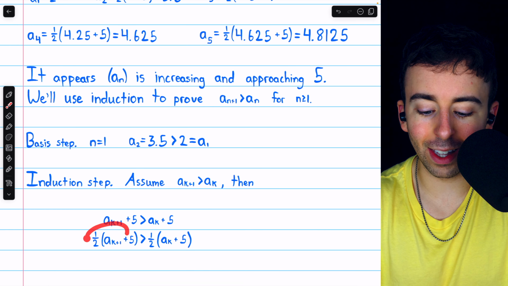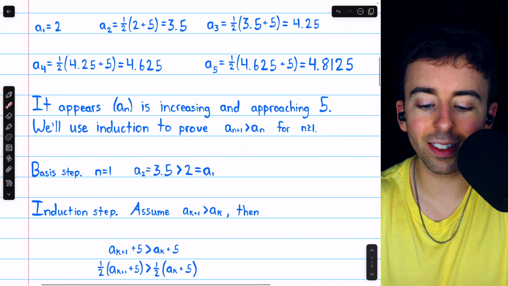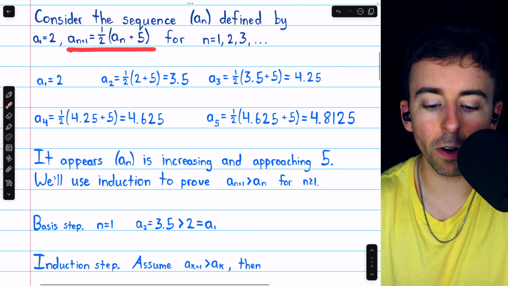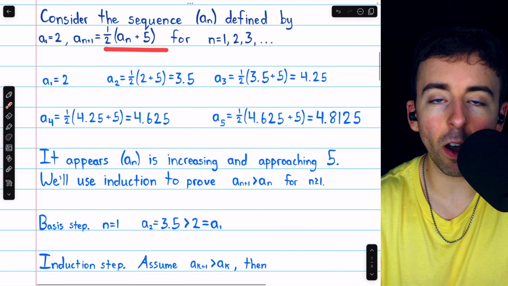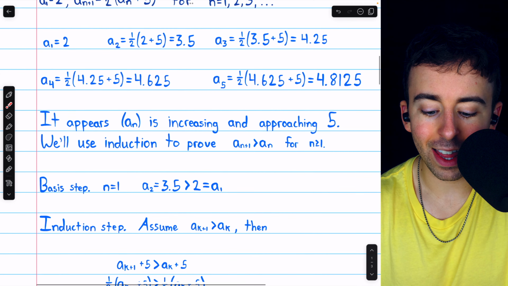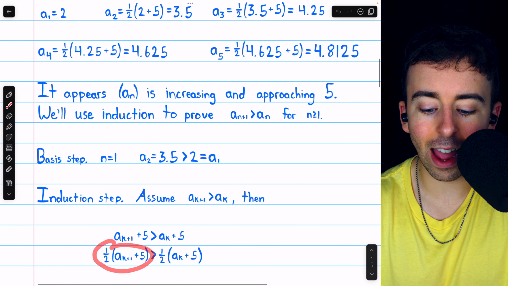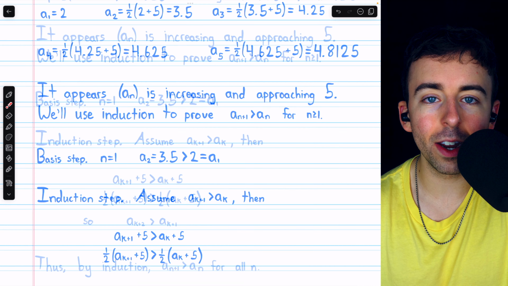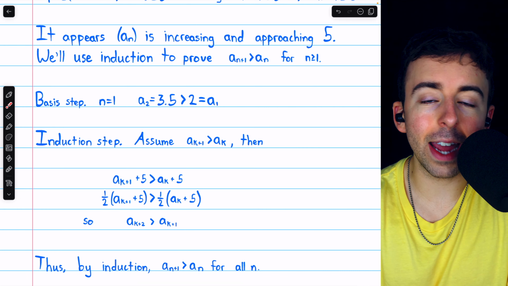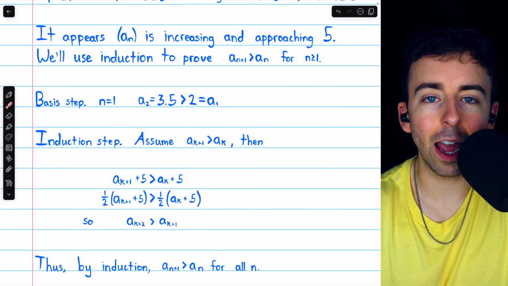But then, on the left, by definition of the sequence, this is the next term. And on the right, by definition of the sequence, that is also the next term. Thus, this on the left is a_(k+2), and this on the right is a_(k+1). And so we've shown as desired that a_(k+2) is greater than a_(k+1).